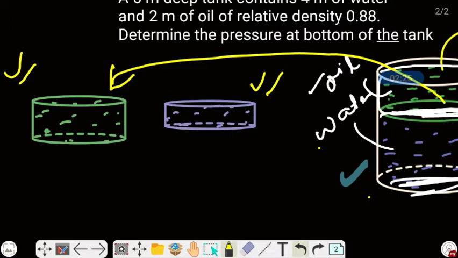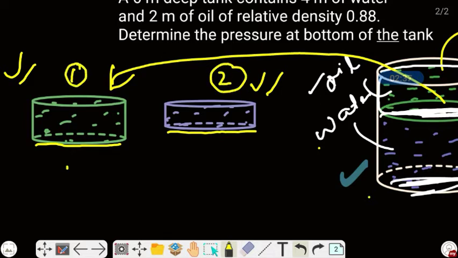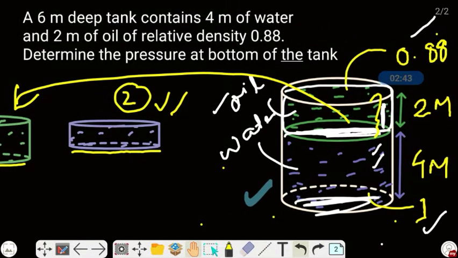That will be the pressure at this level. The pressure at the bottom will remain the same. Let's suppose this is 1 and this is 2. This height is also given in the question, that is 2 meter.